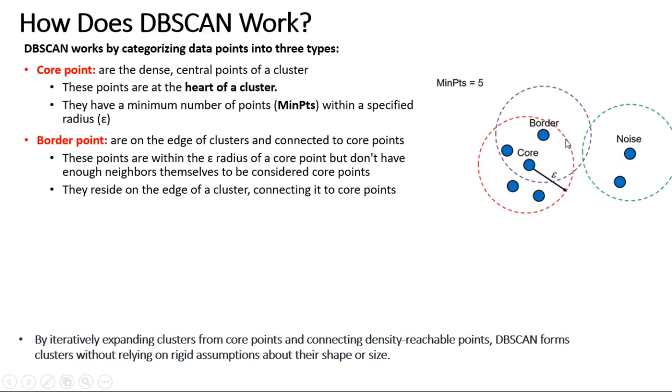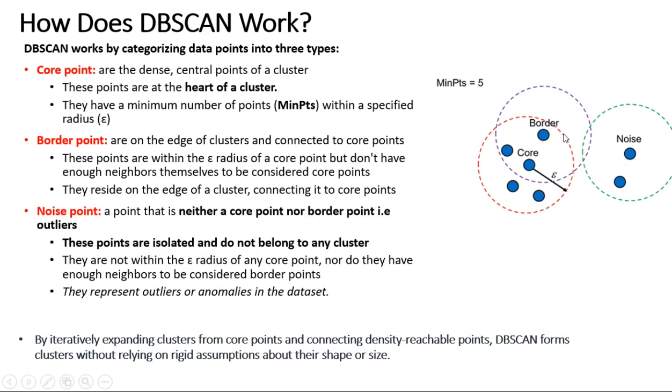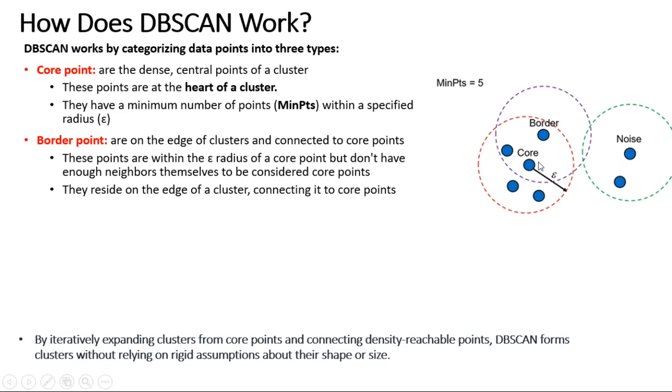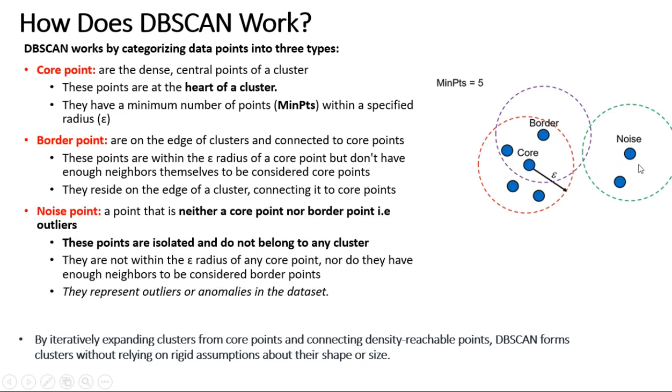If a point is on the border, it is at radius epsilon, so it is still within the radius, but it doesn't have enough neighbors to be considered a core point. Though it is at the radius epsilon, it does not have enough neighbors, so it resides on the edge of the cluster. The third one is the noise point.